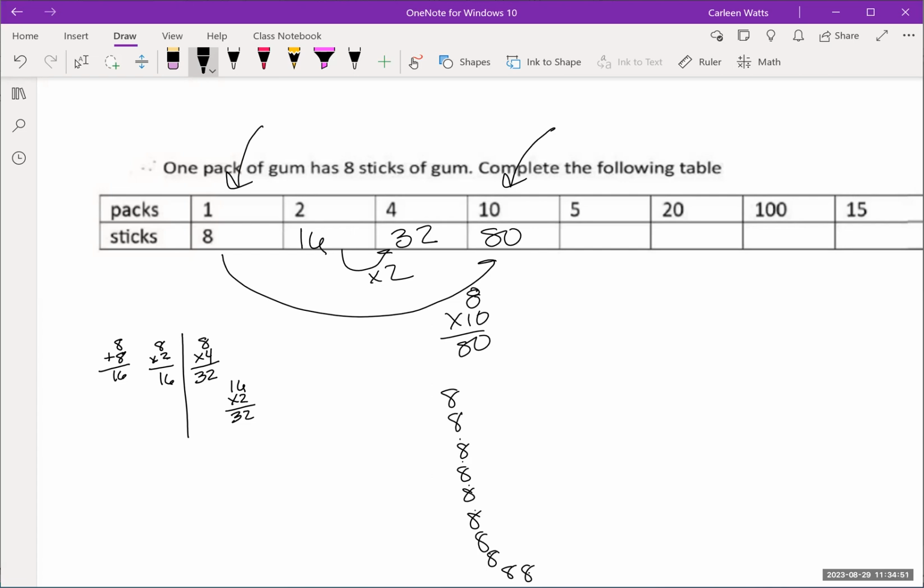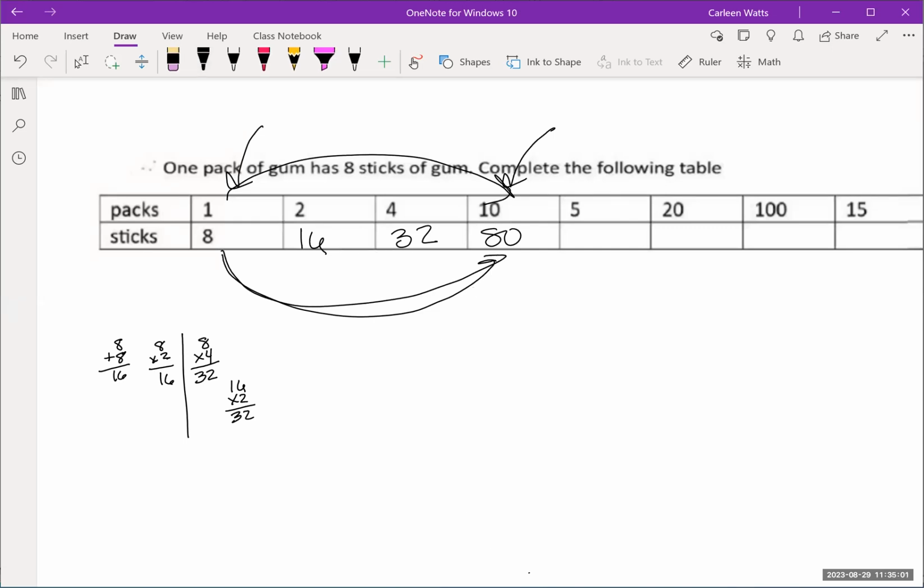Or, so we could multiply 8 times the number of packs, but to go from 1 to 10, does anyone notice a pattern? A trick? No. What do you notice about 1 and 10, 8 and 80?